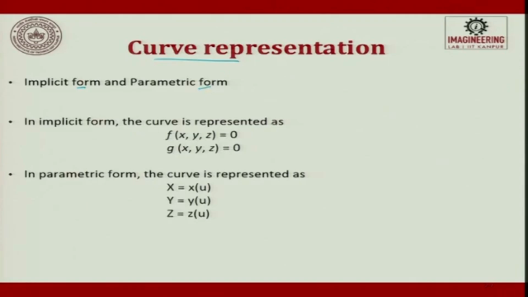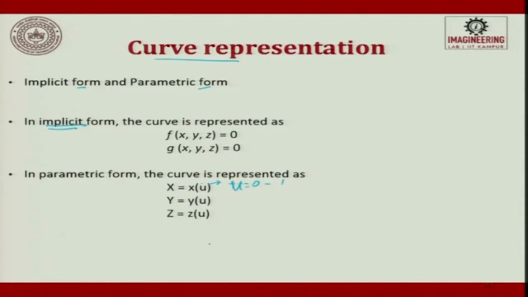In implicit form, the curve is represented as g of x, y, z equal to 0, where g is a function of x, y and z. In parametric form, the curve is represented as x of u, y of u and z of u, where u takes a value between 0 and 1.